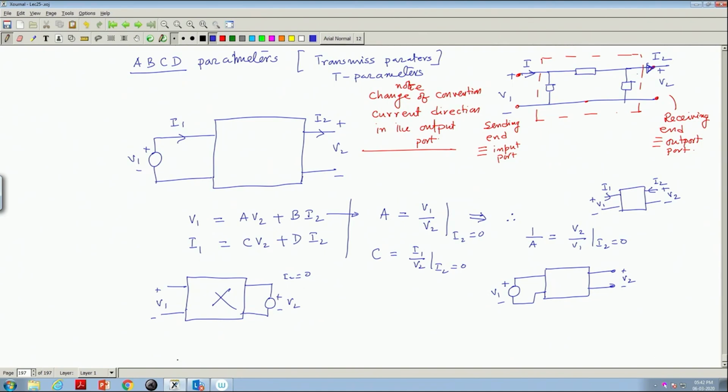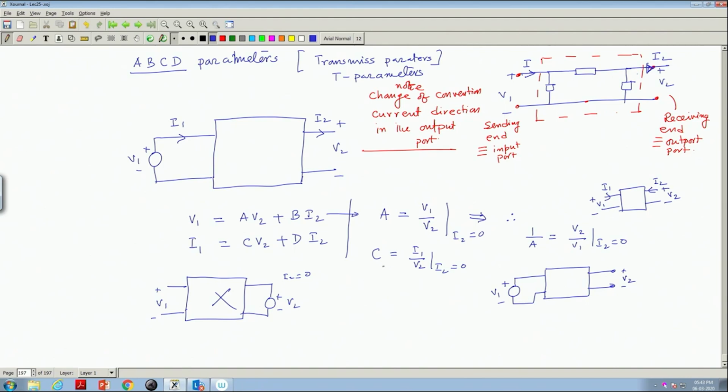How to carry out these experiments? But from this we say that 1 over A is V2 by V1 with I2 equal to 0, and then I am comfortable. This is the two port network, apply a voltage V1, I2 equal to 0 you are demanding. So, keep it open circuited, and I can measure this voltage V1, this voltage V2, and take the ratio.